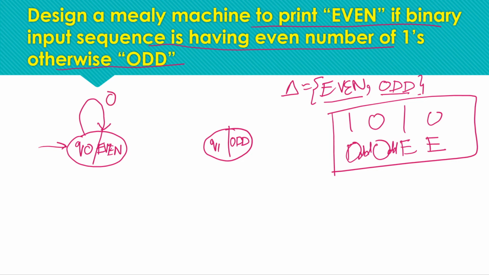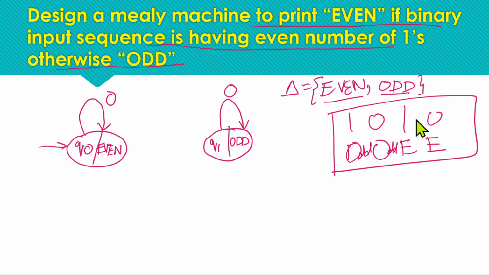Next, if we are at Q1 and the new symbol is 0, it will not make any change. Means if we are in the odd state, we will stay in the odd state, and if we are in the even state, we will stay in the even state. For example, here we have the first one as odd, and the next 0 will also print odd.